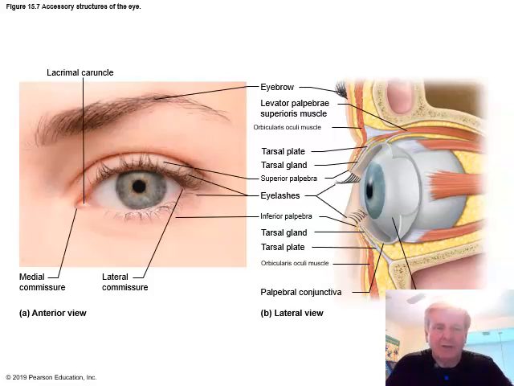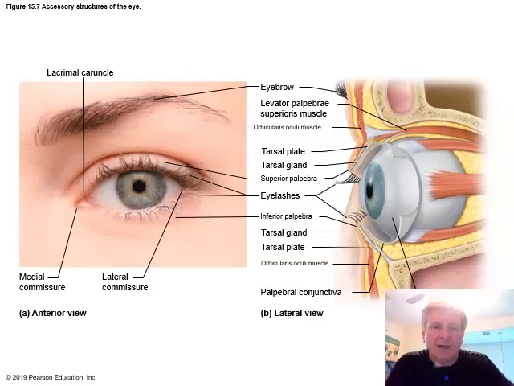These have very sensitive receptors that allow you to blink when faced with an object that threatens to enter the eye. The medial angle where your upper and lower eyelids meet is called the medial commissure. And within that medial commissure is a little structure called the lacrimal caruncle. And these will be associated with our tear production later on by a gland called the lacrimal glands.